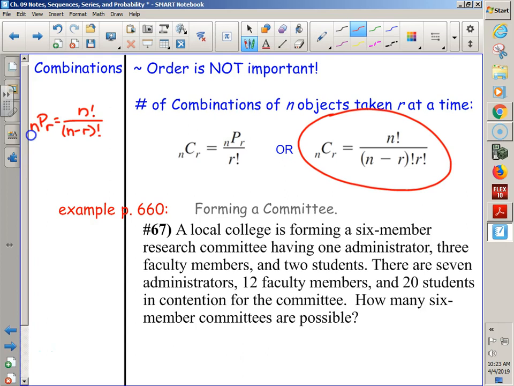But r factorial, wouldn't that be the way of arranging r, oh, that does not look, that looks like robots, but not. R objects.